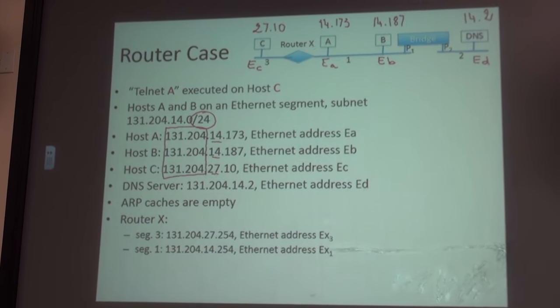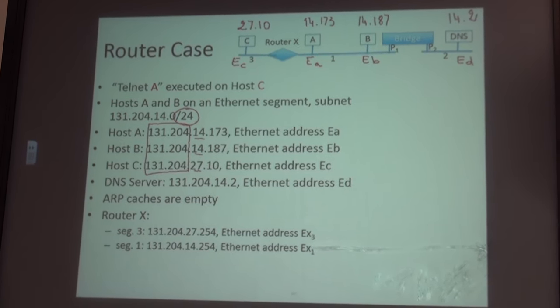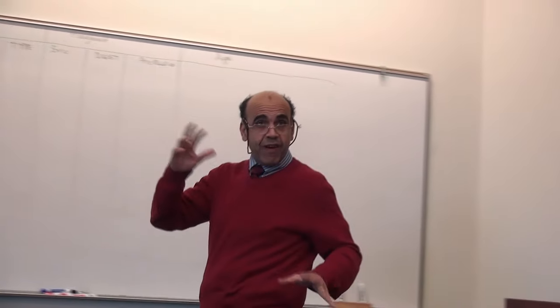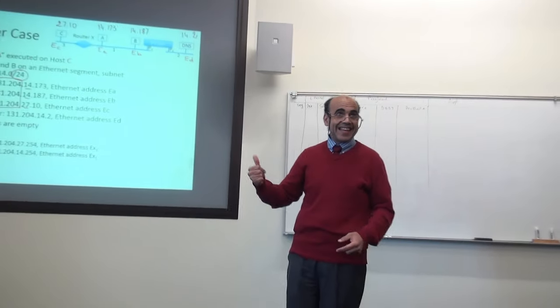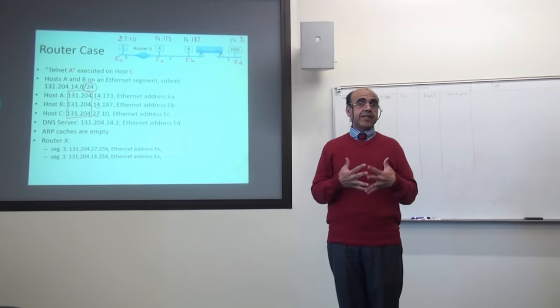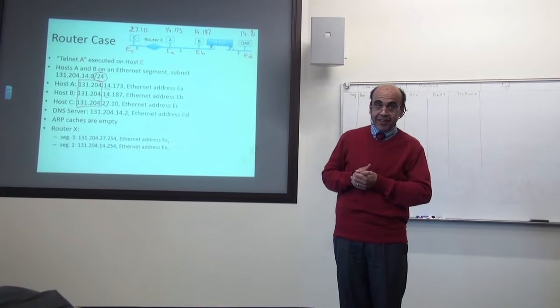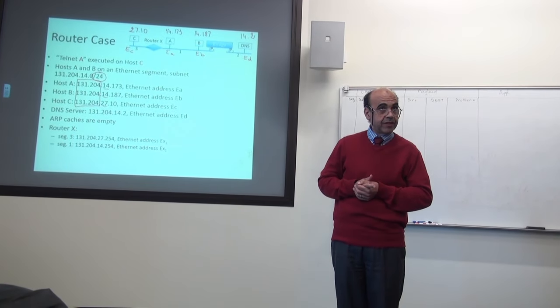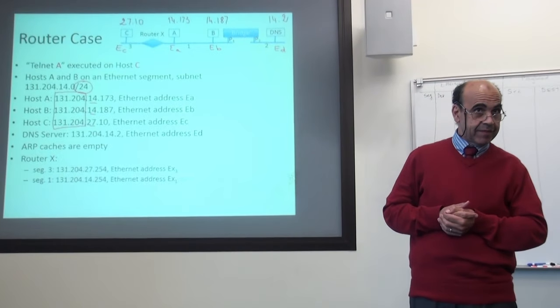So we start from the machine C, trying to do telnet to machine A. So you have to follow exactly what each protocol does. Telnet to A. That means telnet needs to open a connection through which protocol? 23.